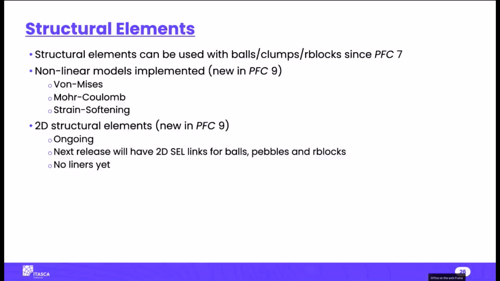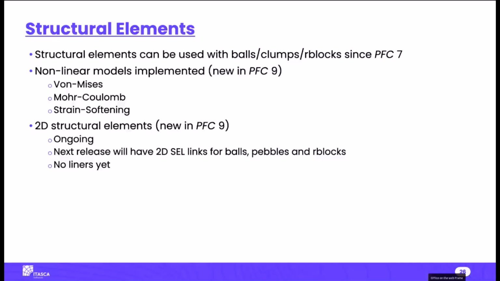And there's some ongoing work with 2D structural elements as well. The next release, not the current one that you can get from the website, but the next one, will have 2D structural element links for balls, pebbles, and rigid blocks. So that means you could have a piece of rebar, for instance, embedded in a soil.